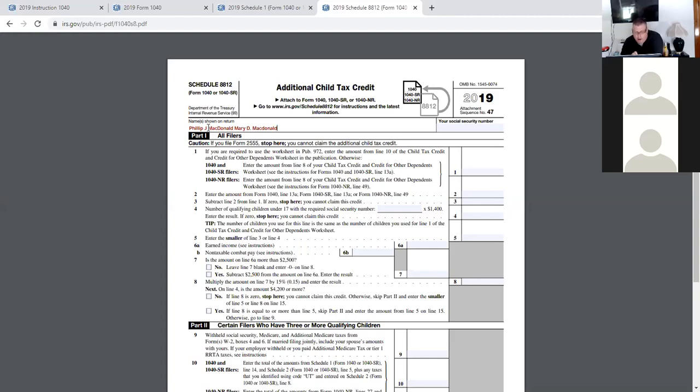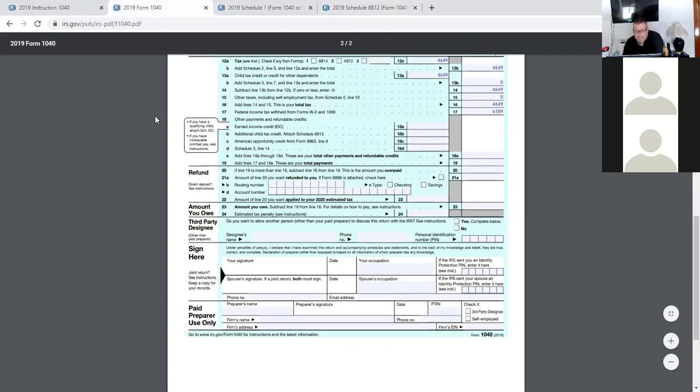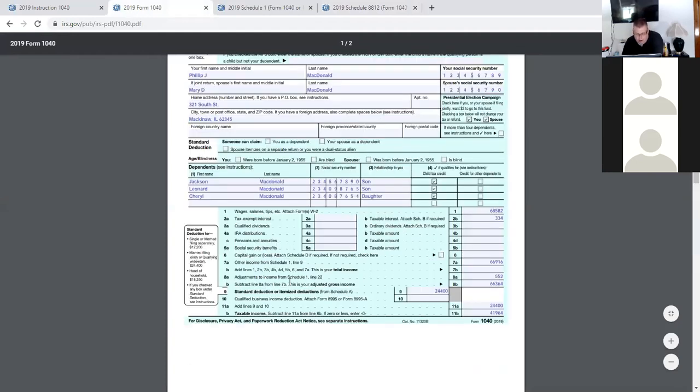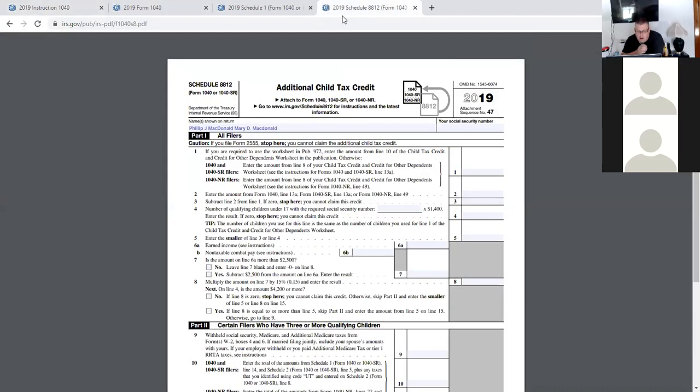So 1040, enter the amount from line 8 of your child tax credit and credit for other dependents worksheet. That's what they want us to look at. So we look back at our paper where we wrote that, and line 8 was $6,000. So we're going to put $6,000 here.